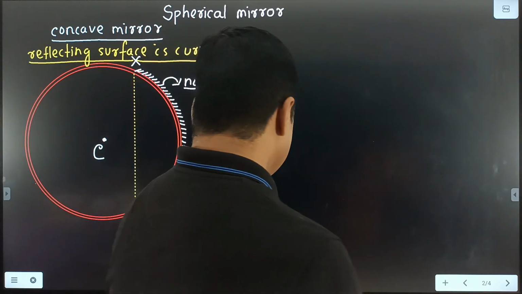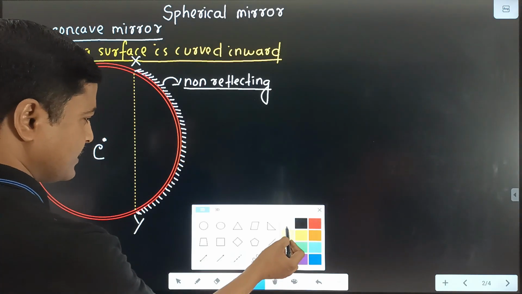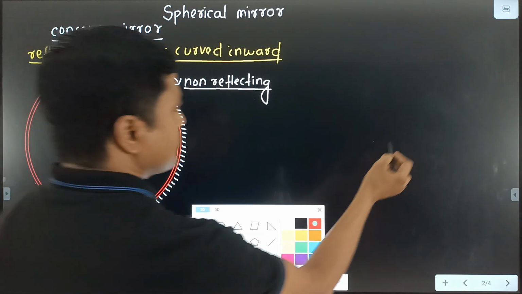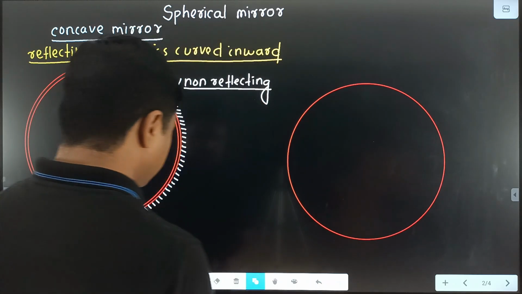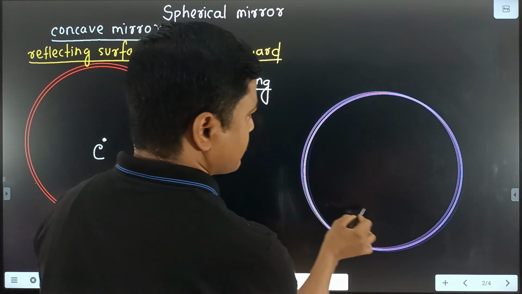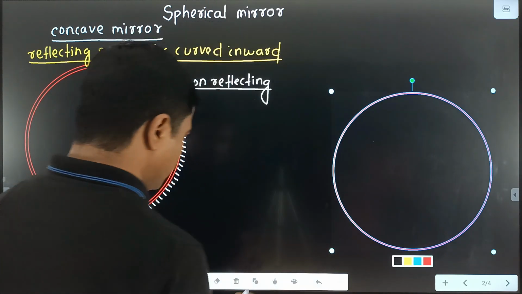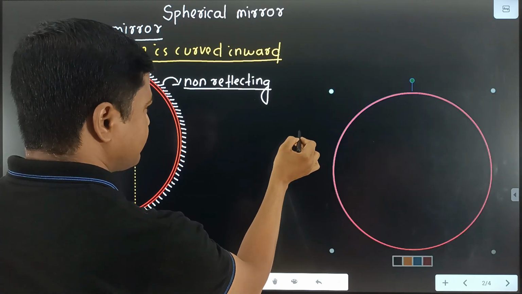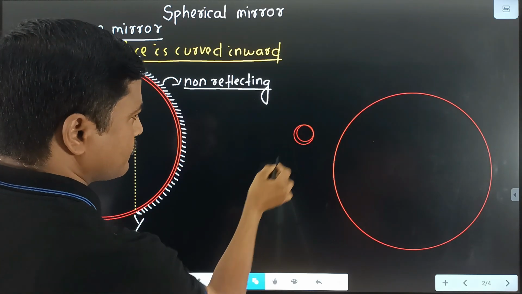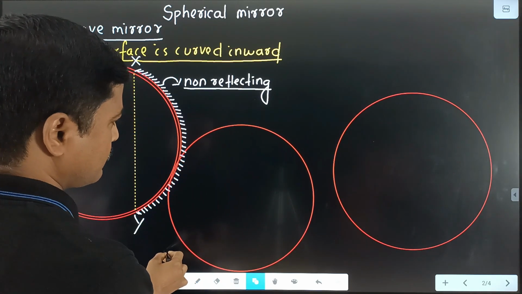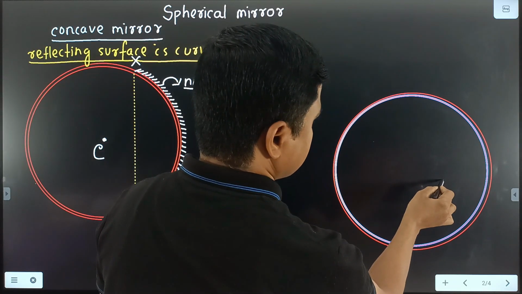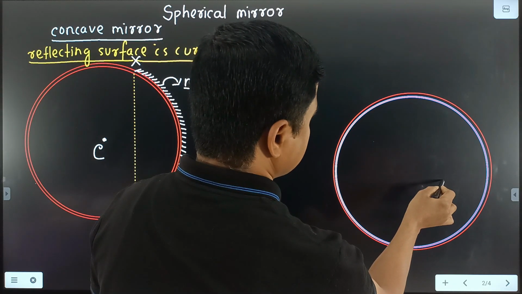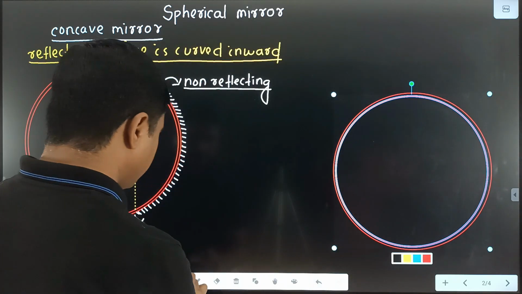Clear? Similarly, the second type: we take another hollow sphere, just like your first one. Suppose this one is a hollow sphere, same thing.